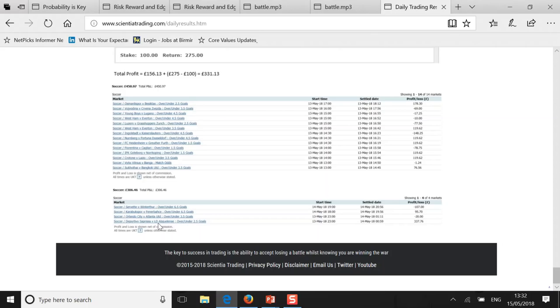So it's always good to close out for profit where you can, especially if you're doing an opening and a closure of a trade rather than waiting for the final outcome, especially if you've got a sizable profit already in your bank and that you're not risking a lot by waiting for the final outcome of the actual market. So I hope that's clear.